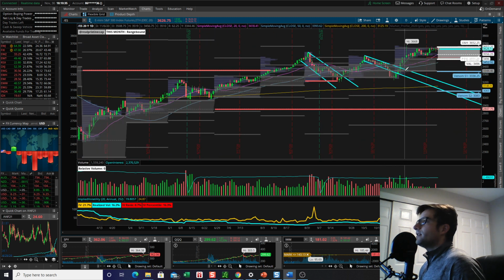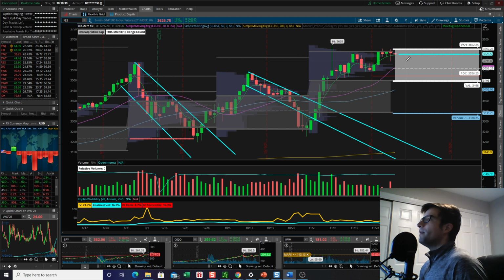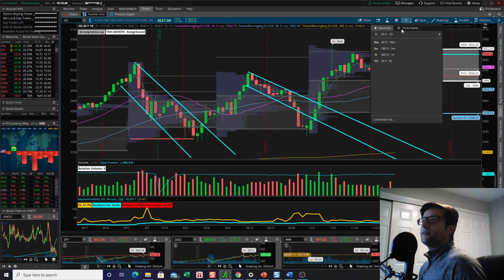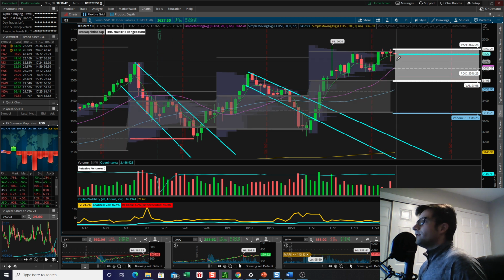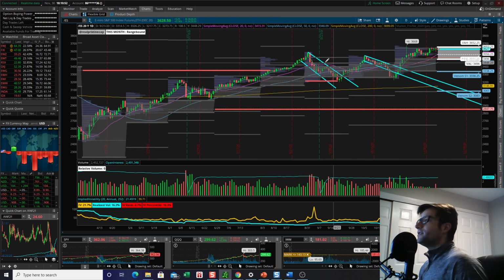So if we take a look at the ES right here, in terms of the trend and the momentum, let's make sure we're on our daily chart. Yep. We've had a couple different sequences here.